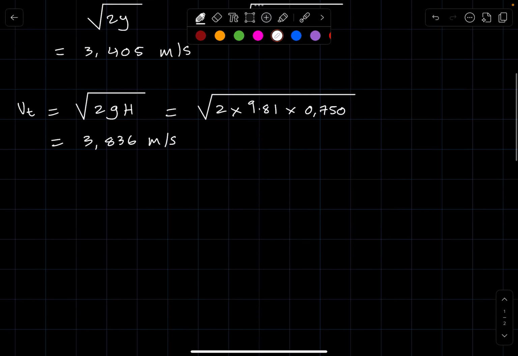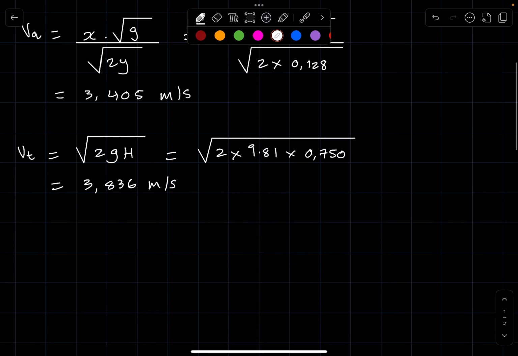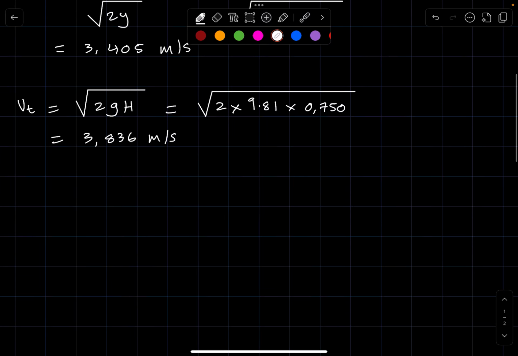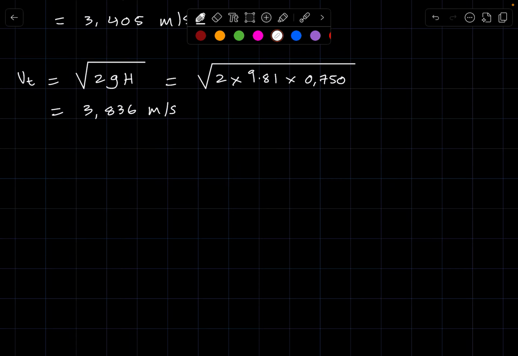So now we have the actual velocity and the theoretical velocity. So now we can calculate the hydraulic coefficients, because at this point I know if you've been doing hydraulic systems, you have already been using the continuity equation, for instance, where we know Q is equal to AV. So that is why I'm taking the approach of calculating the hydraulic coefficients.